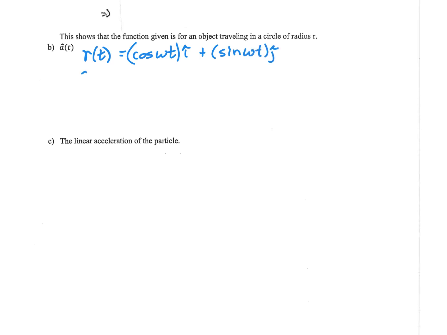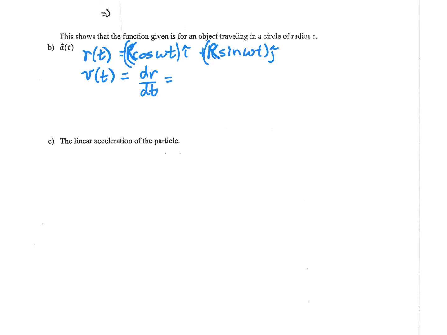So that's r. So now we need to do velocity, which is the derivative, dr dt, which is going to be what? Oh, I forgot my r in front of each one, didn't I? R and r. All right, so now what?